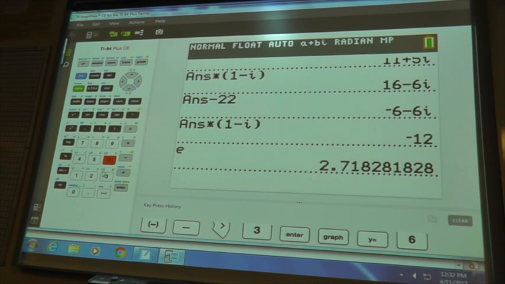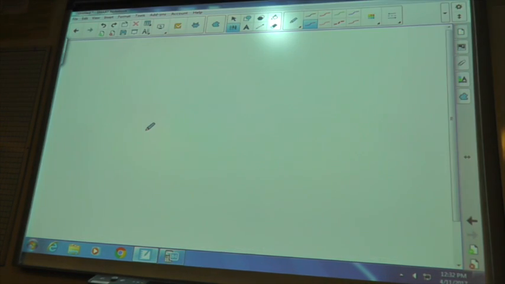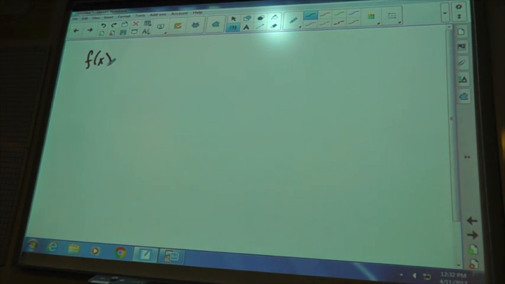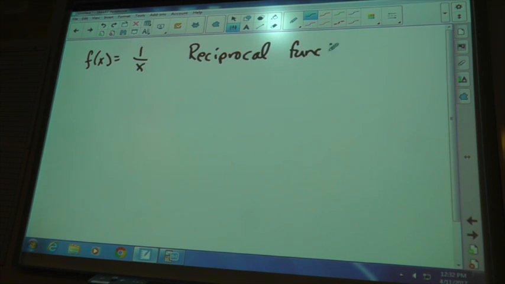All right, where are we at? So, we have a new function now. It's called f of x equals 1 over x. We're going to call this the reciprocal function. Can you guys see why it's called the reciprocal function? Don't all answer at once, please.